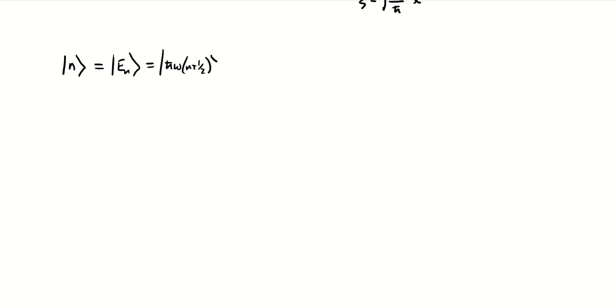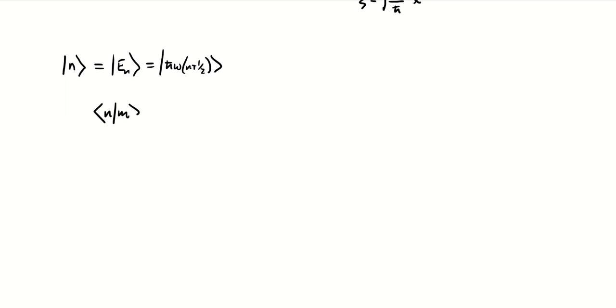But the gist is we have some ket with some unique indicator telling which eigenstate it's referring to when we're looking at our eigenkets that we solved for previously. These eigenstates, these eigenkets, form an orthonormal set, right? The energy is a Hermitian operator, so its eigensets span the Hilbert space and form an orthonormal set.